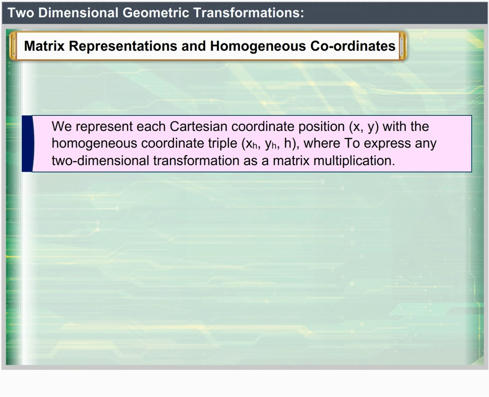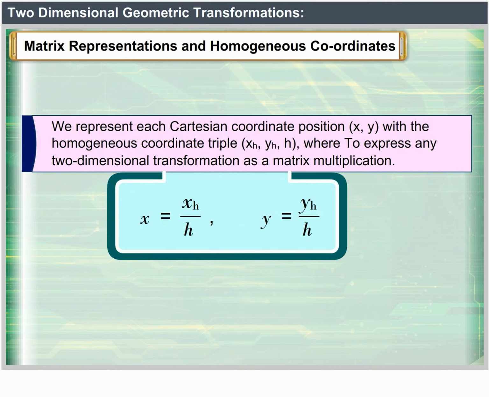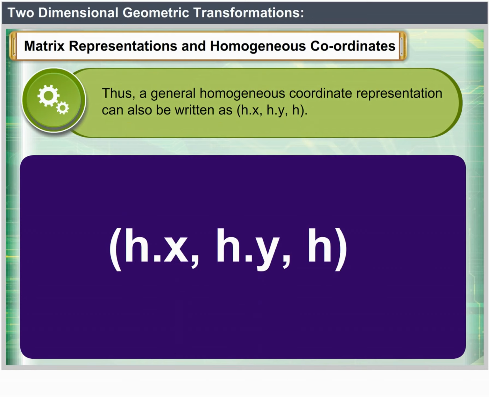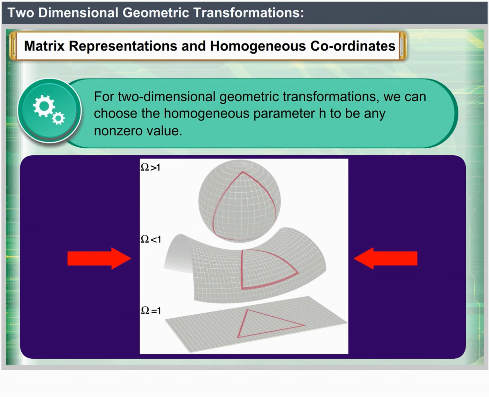Thus, a general homogeneous coordinate representation can also be written as h dot x, h dot y, h. For two-dimensional geometric transformations, we can choose the homogeneous parameter h to be any non-zero value. Thus, there is an infinite number of equivalent homogeneous representations for each coordinate point x, y.